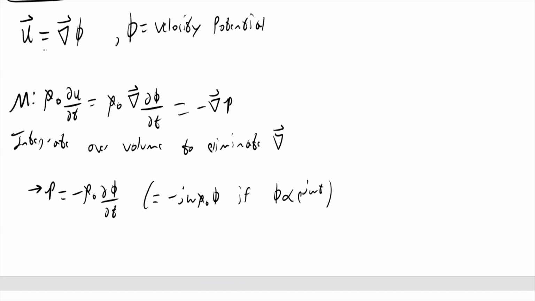So this is the relationship between u, phi, and p in terms of velocity potential.